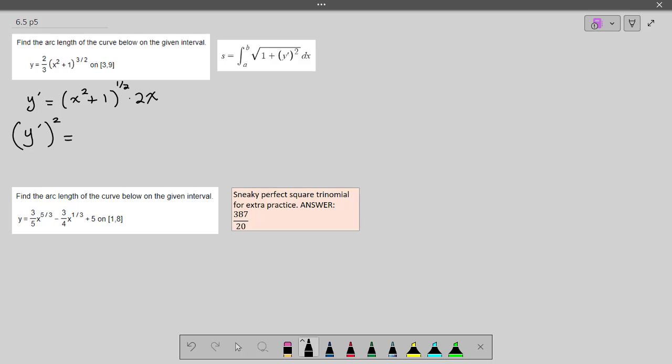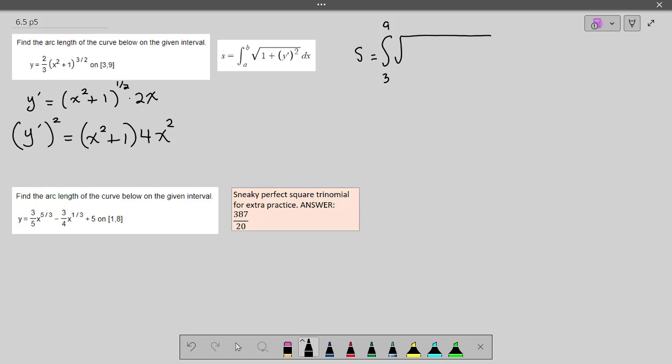If we square this, the squaring of the square root will be x squared plus 1, and then we want to square the 2x, and we'll get 4x squared. Usually we'd write that in front. We'll do that in a second. So there's y prime squared. This tells us that our arc length s is going to be the integral from 3 to 9 of the square root.